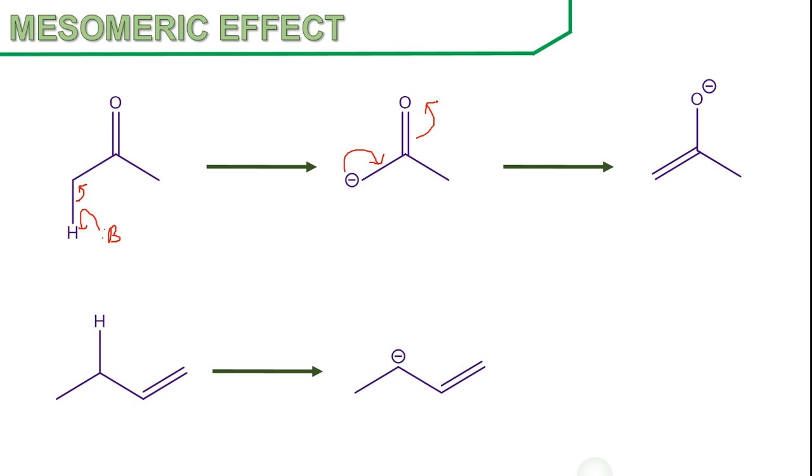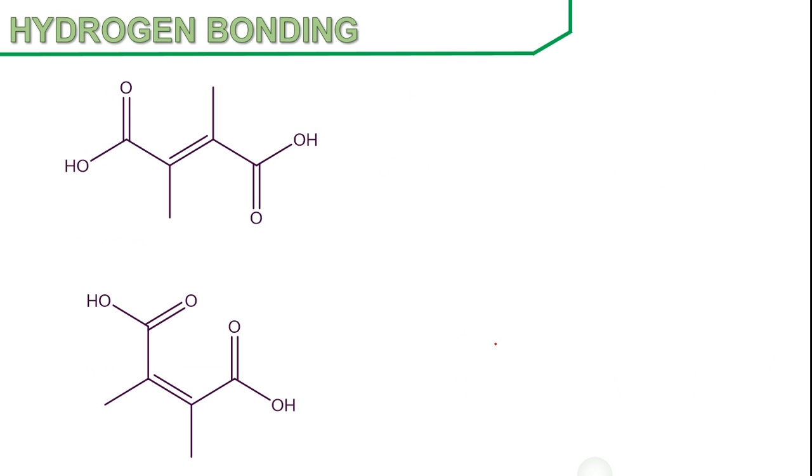And similarly with the alkene, we can resonate the negative charge onto a different carbon. And this just shares the electron density out between the carbon and oxygen, or the two carbons, stabilizing your anion, making the species more acidic.